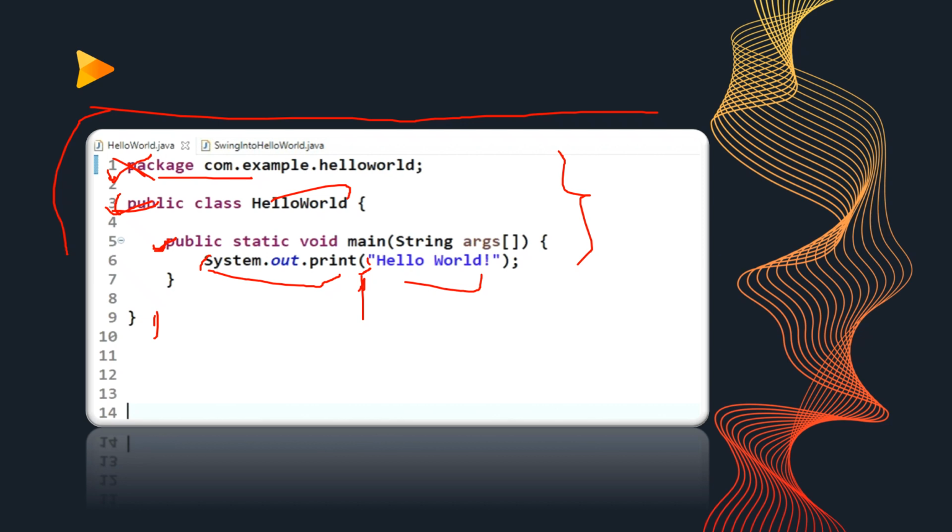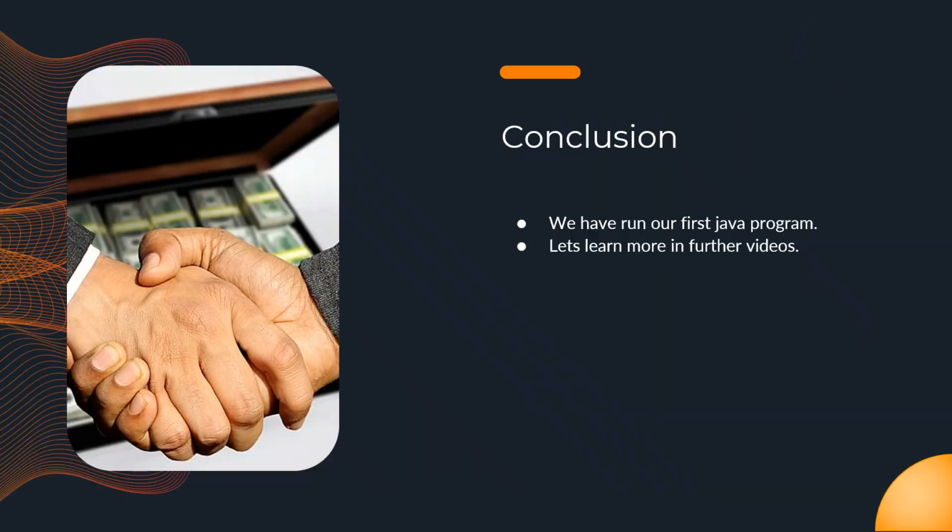Okay, so we have completed this program, and after that we have run it using our compiler, and when we run that program we will get this output. I think you understand all these things. So what we have seen in this video is, first of all, what a program is, and then we have run our first program, which is known as the Hello World program.